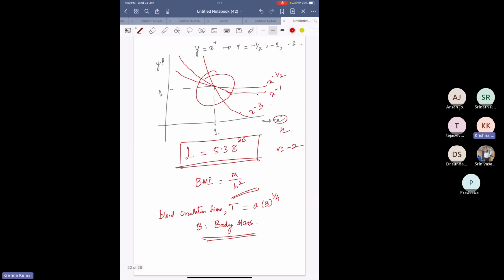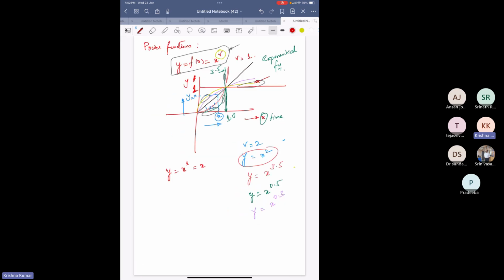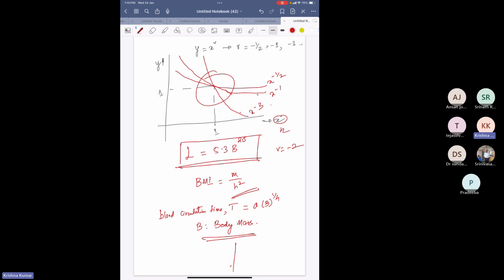So now x is, what is x? That's the body mass, B. And that's the circulation time. So after some time, what does it say? Whatever be the body mass, if the body mass increases, the circulation time is not going to increase. That's a very interesting thing. So if I now plot it, it would be something like this.